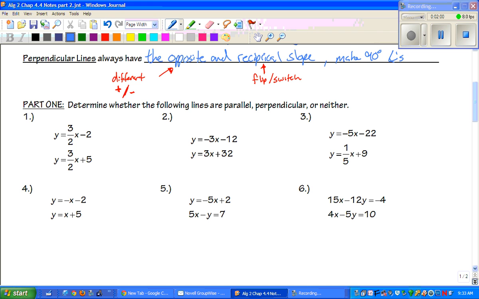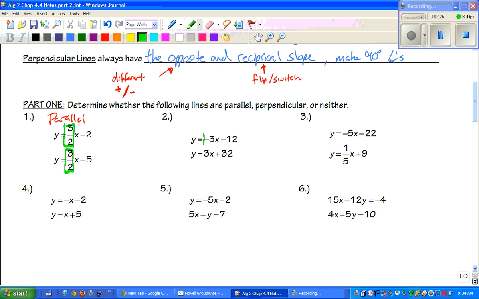It says determine whether the lines are parallel, perpendicular, or neither. When we're doing this, we need to look at the slope. That slope is the same, so if it's the same slope, it means the lines are parallel.